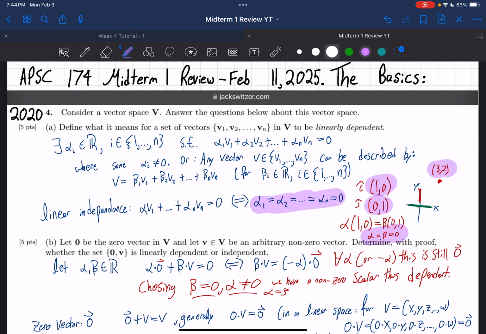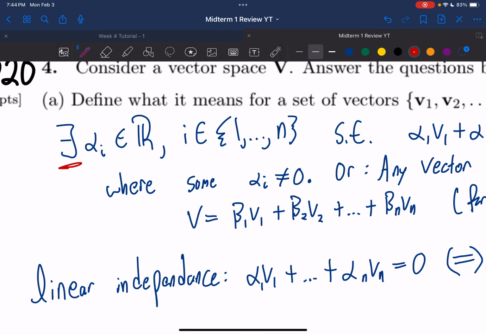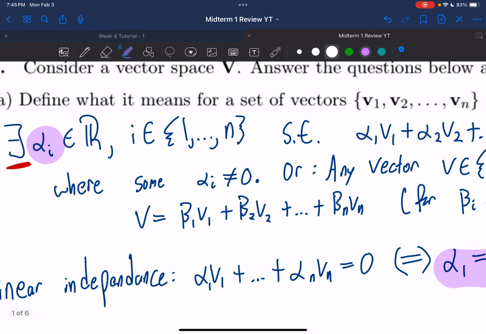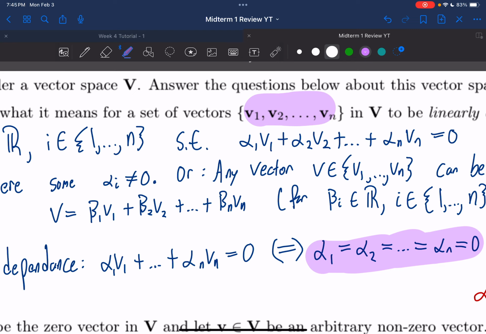Now, to rigorously define dependence, we're going to use some math notation here. So this means there exists a scalar alpha i, which is a real number, and i is just an index between 1 and n, corresponding to our 1 through n vectors here.